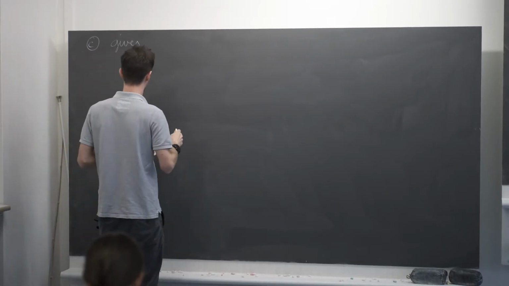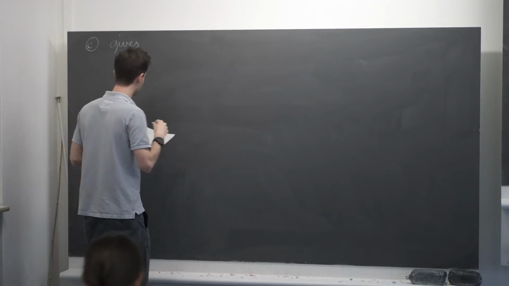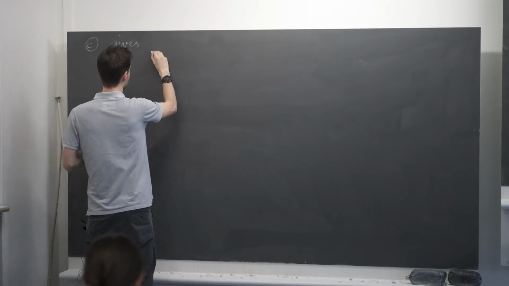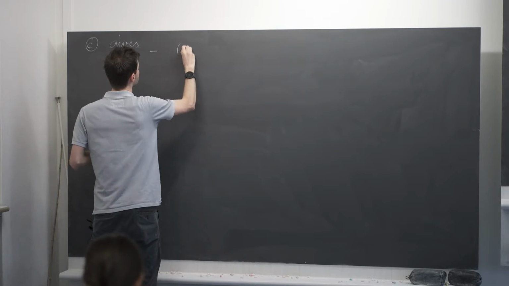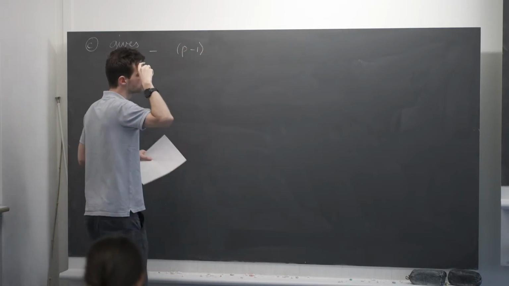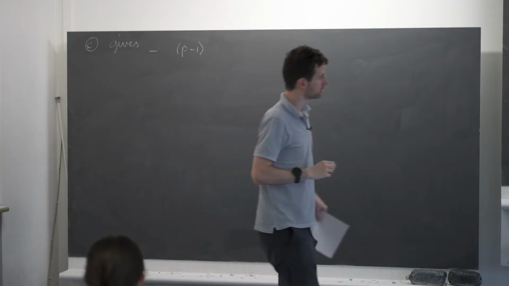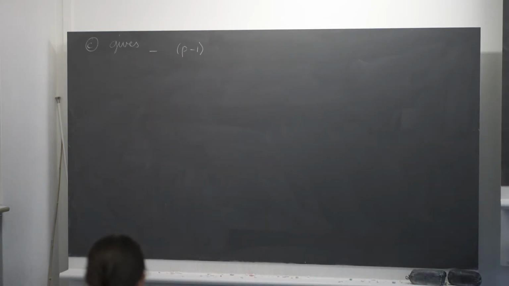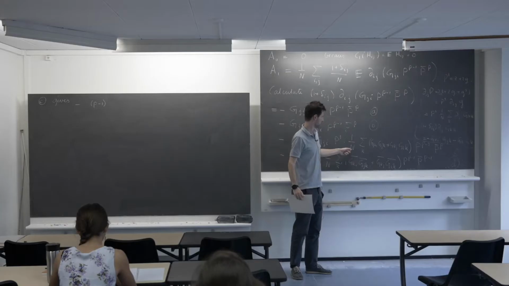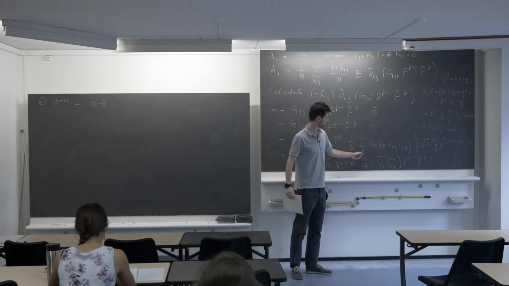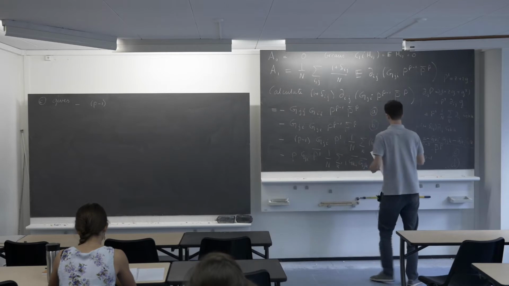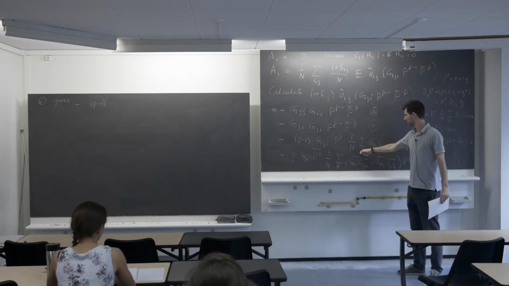C gives the following. So I have a minus p minus 1, and then I have a sum. So I had the sum 1 over n squared over sum over i and j, and now I have another 1 over n, and I sum over k, so I get a 1 over n to the 3 sum over i, j, and k.